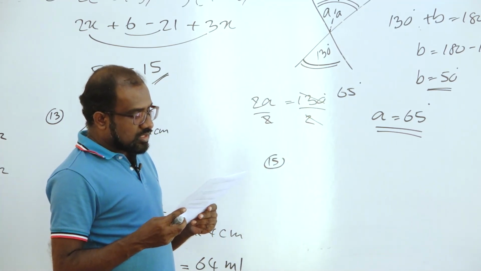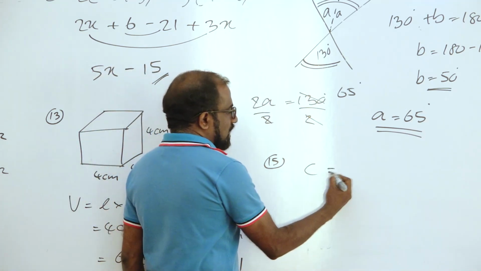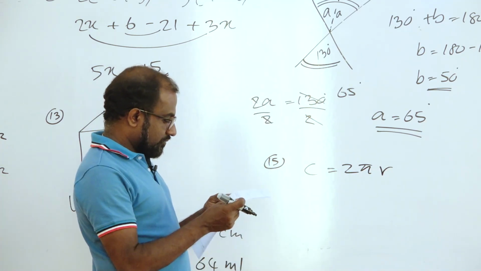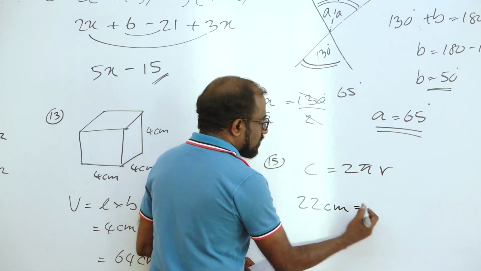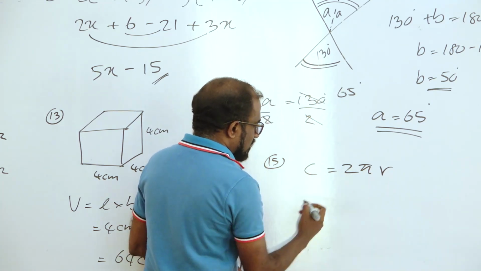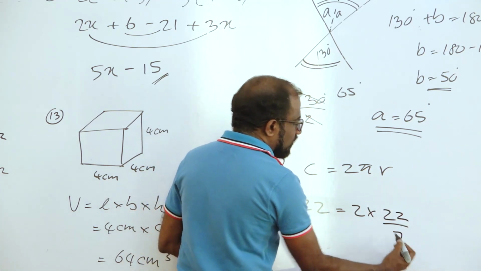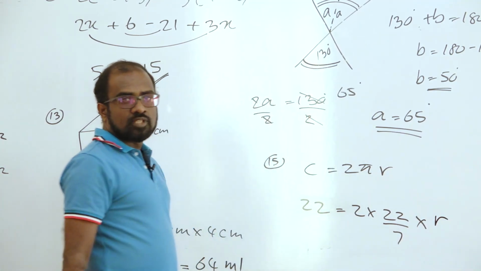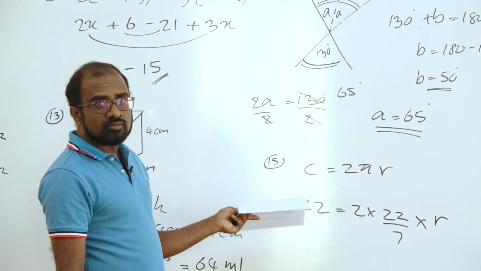15th one. The circumference of the circle is given and they ask you the radius. We know the formula: circumference of a circle equals 2πr. The circumference is 22 centimeters. So 2 times 22 over 7 times radius equals 22. That's what we have to find. This is a simple equation.